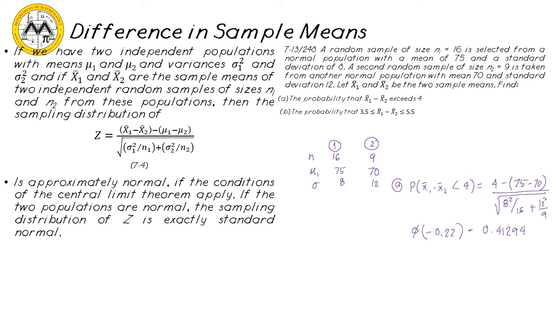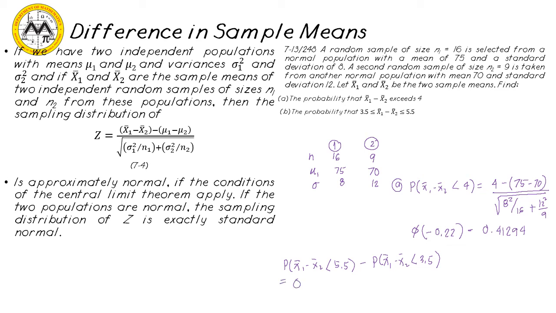For letter B, the probability that x1 bar minus x2 bar is in between 5.5 and 3.5. So that would be the probability that x1 bar minus x2 bar is less than 5.5 minus the probability that x1 bar minus x2 bar is less than 3.5.